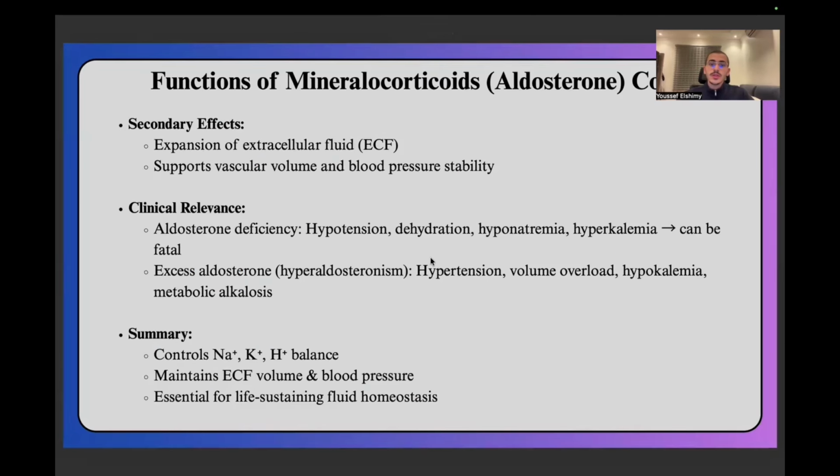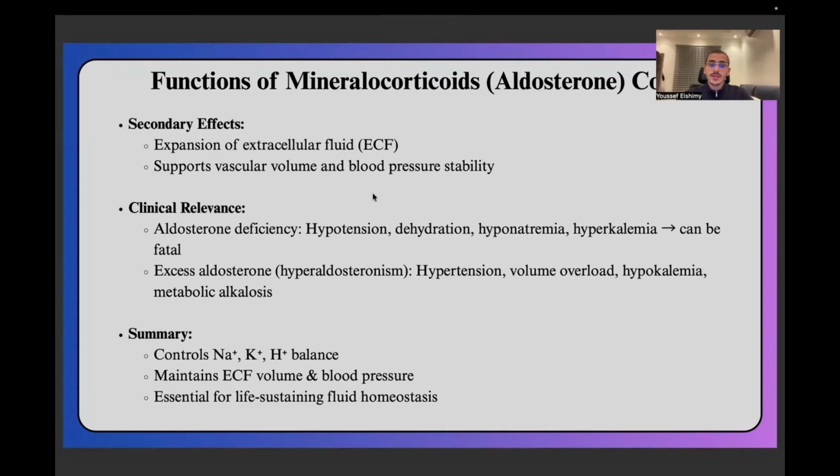So what are the functions of aldosterone? We mentioned the primary function. It also has secondary effects, which is the expansion of extracellular fluid. By reabsorbing sodium, you are expanding the extracellular fluid, and this supports the vascular volume as well as the blood pressure stability.